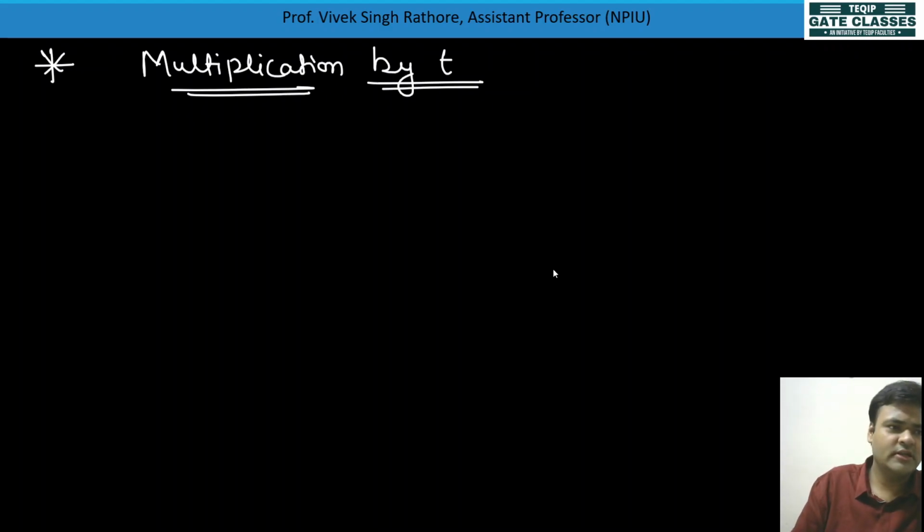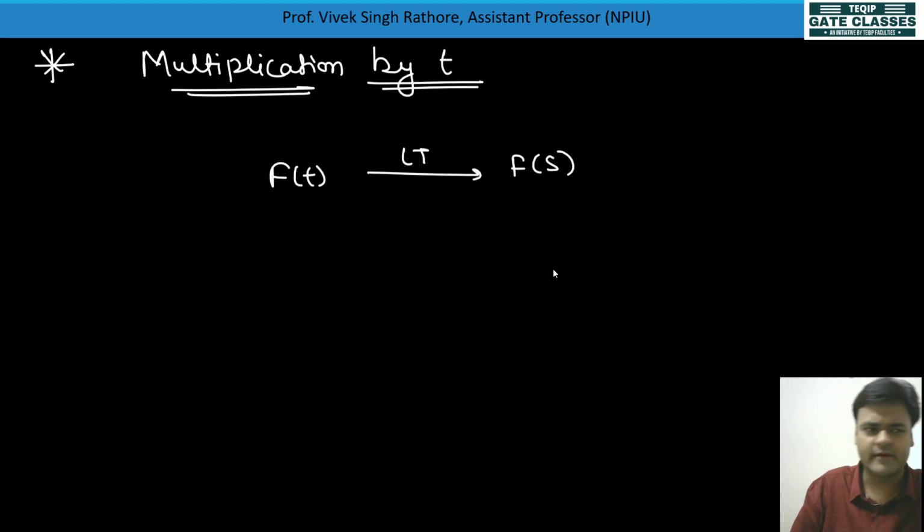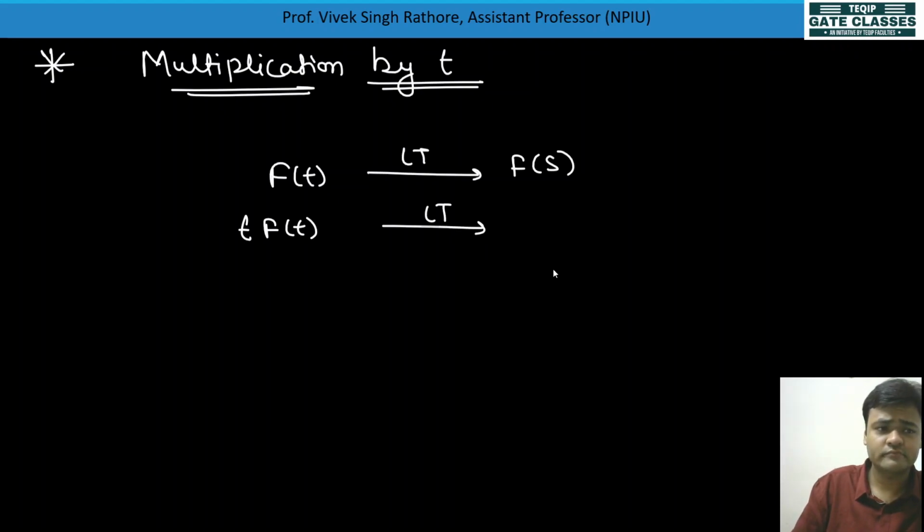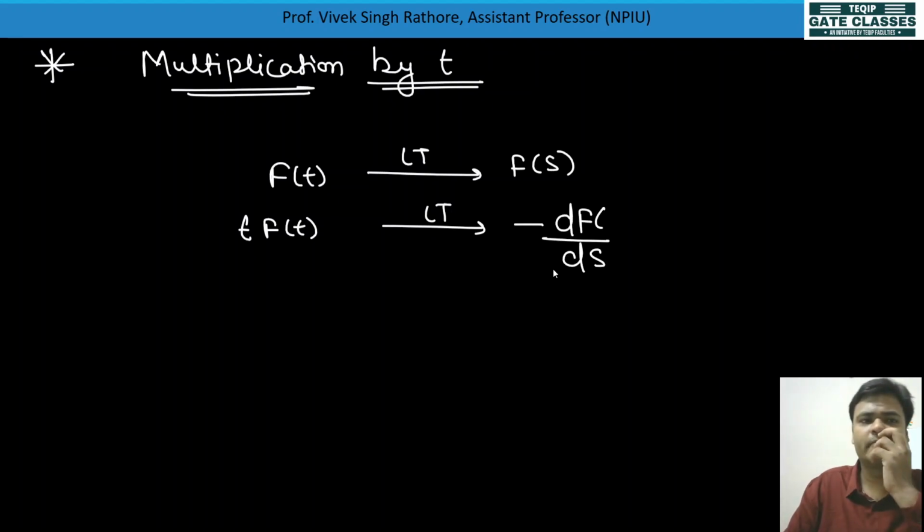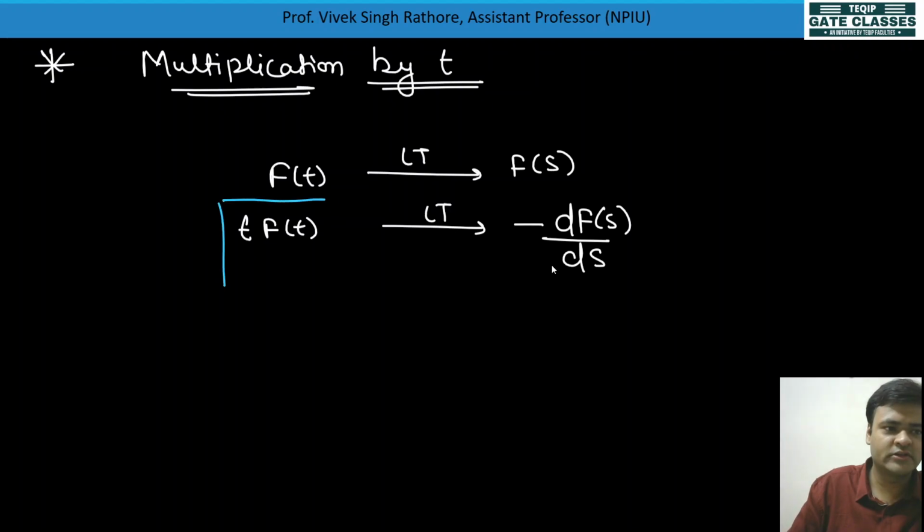So f of t is there, and if we take the Laplace transform, we'll get F of s. Then if we multiply t into f of t and take the Laplace transform, we'll get minus dF by ds. This you need to remember. This property is used in many questions also.